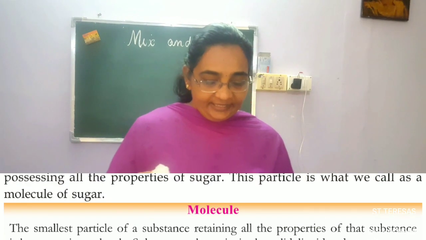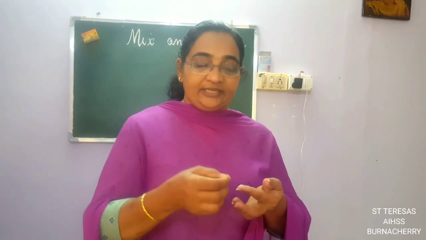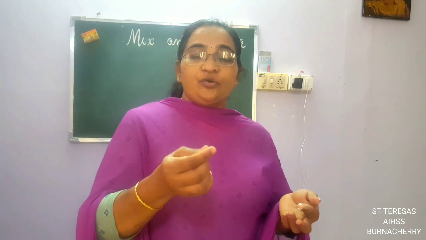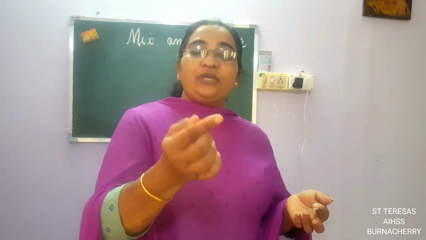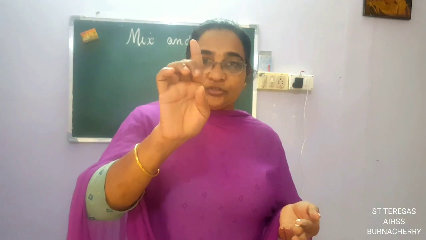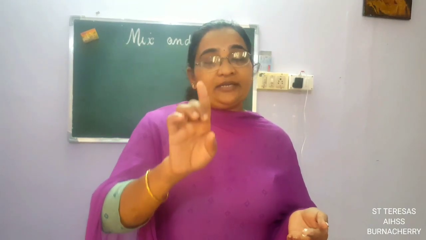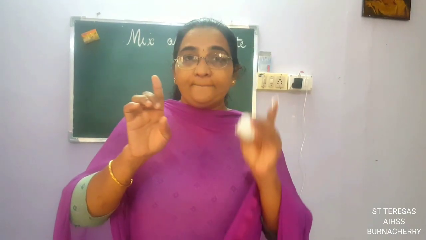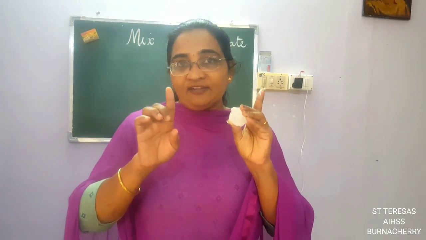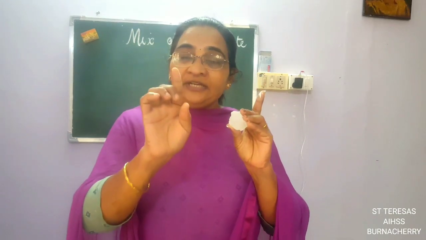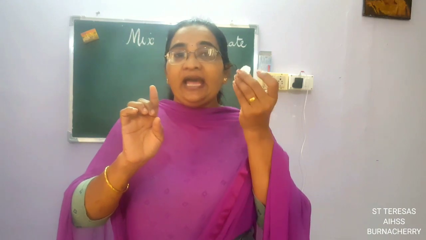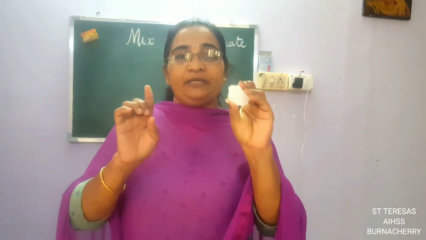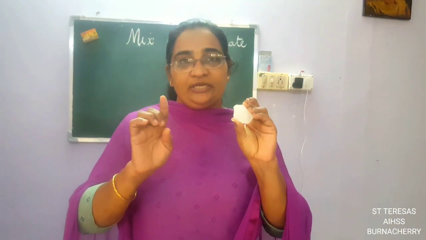So if I take one out of this, you cannot even see it with your eyes. This is the smallest particle of this big sugar candy which I have powdered. But even this smallest particle has all the properties of this big sugar candy.